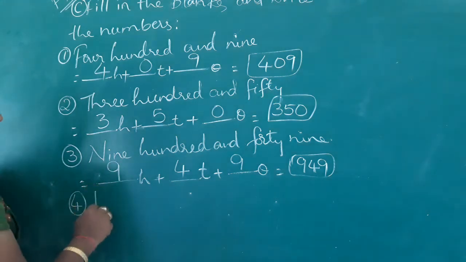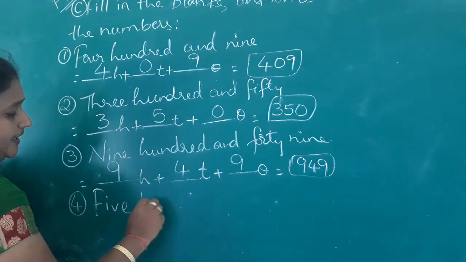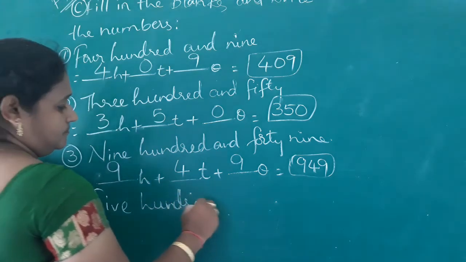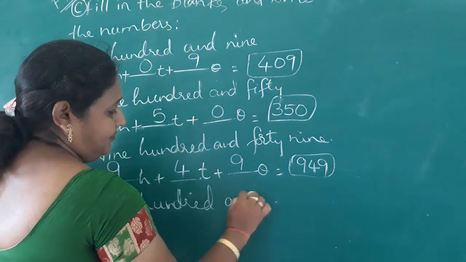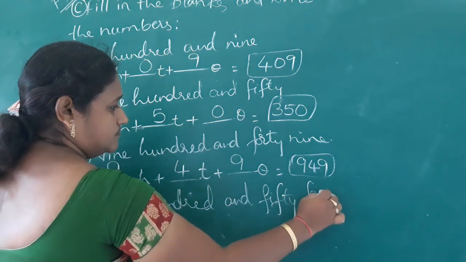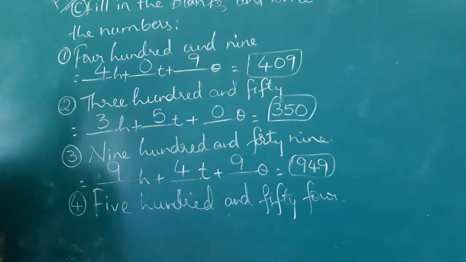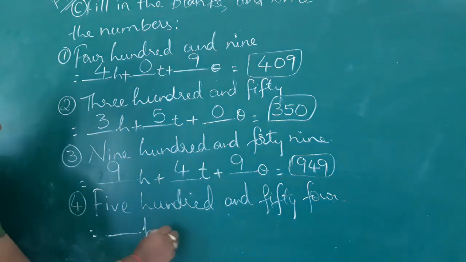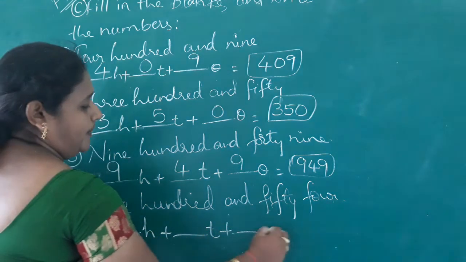Fourth one: 554. How many hundreds? How many tens? How many ones are there?